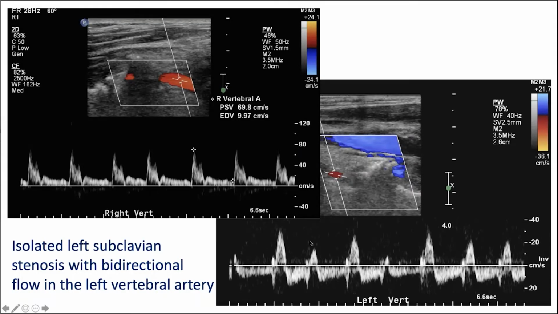If you look at the contralateral vertebral artery shown in the upper panel on the left side of your screen, the right vertebral artery has a very normal flow characteristic with a brisk upstroke and forward flow through the entire cycle. In fact, that same pattern was seen in the left and right common carotid arteries. So this is the flow pattern we see in an isolated left subclavian stenosis, and this is bidirectional flow in the left vertebral artery. This is something that many of us have seen in clinical practice.